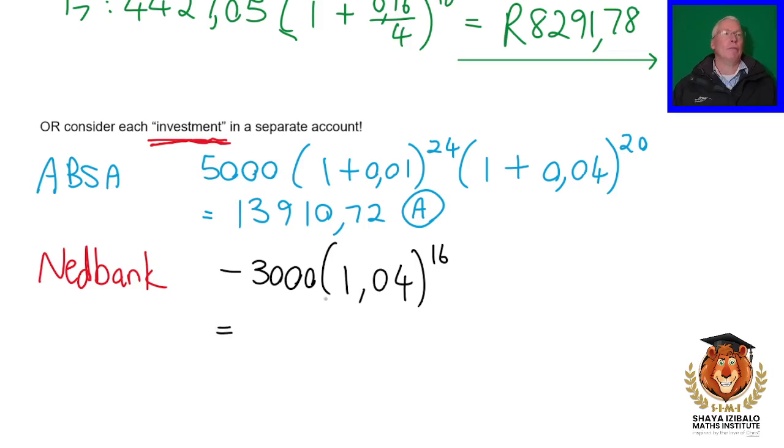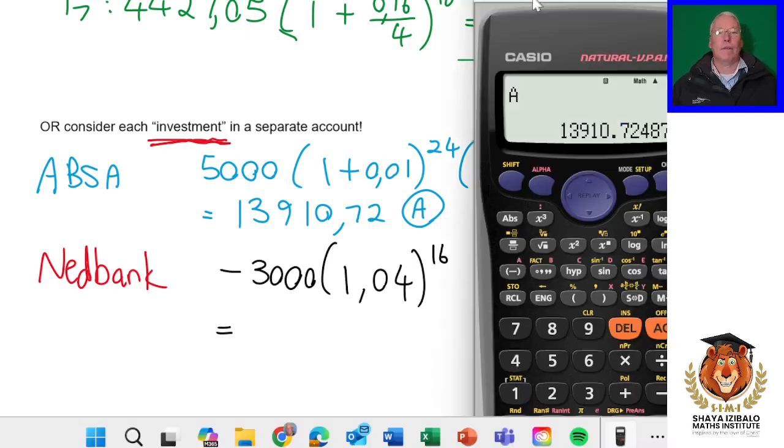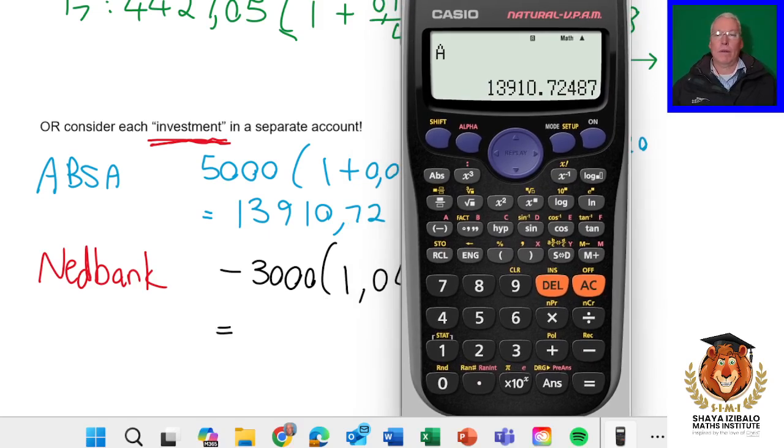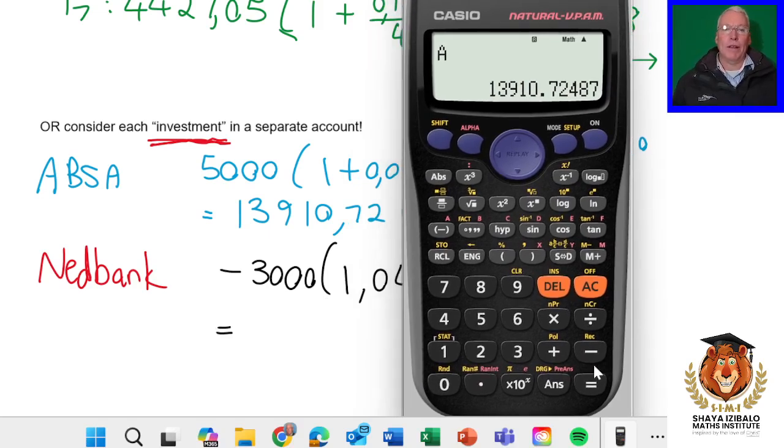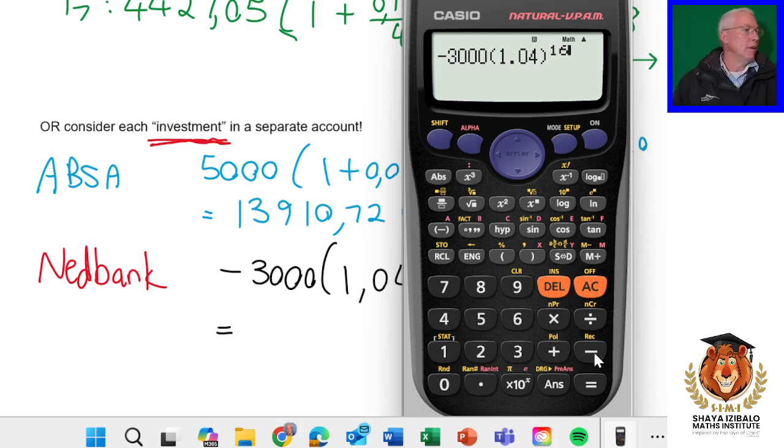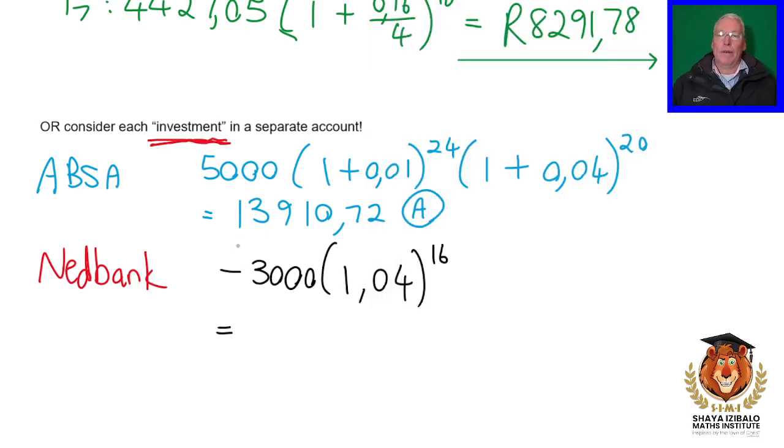Right, and so this comes to, okay, negative 3,000 times 1.04 to the power of 16. Okay, and we get negative 5618 and 94.